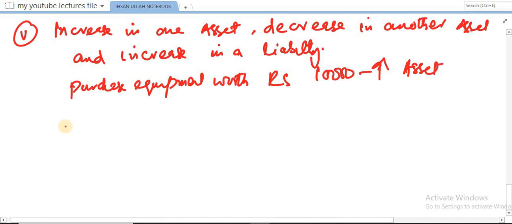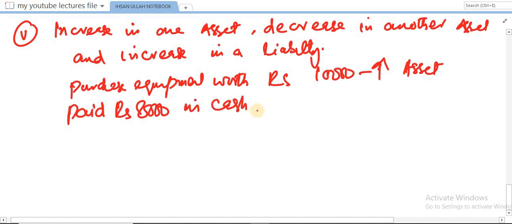Clear? Then you paid Rs 8,000 in cash for the equipment.